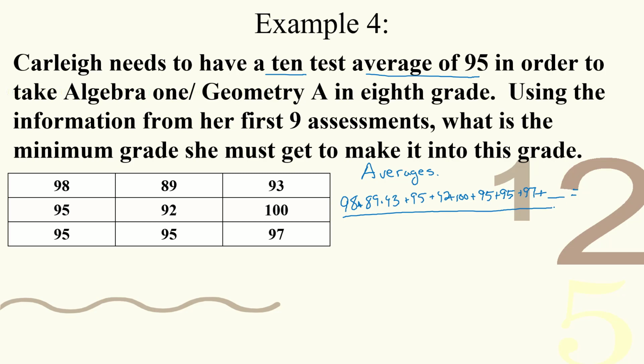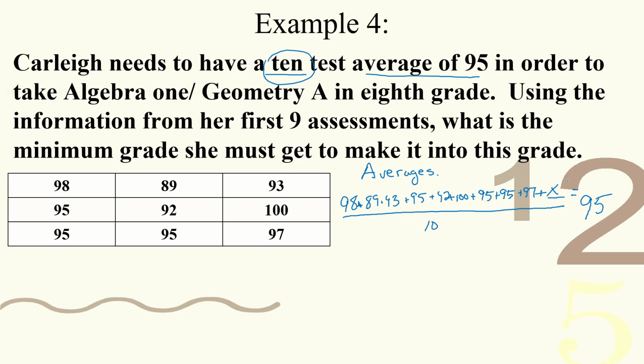So we're dividing by 10 tests. Now we want that all to equal 95. Well, what's our plus something? What number will sit right there that's going to make this entire expression equal 95? That's what we don't know. So when we don't know something in algebra, we plug in a variable. And at this point, we can start to simplify.